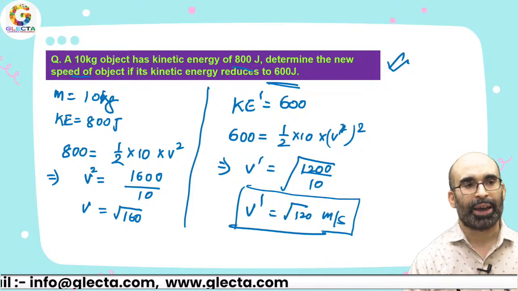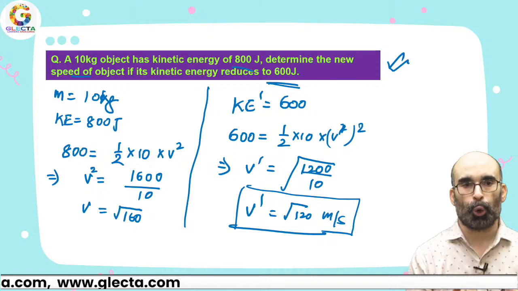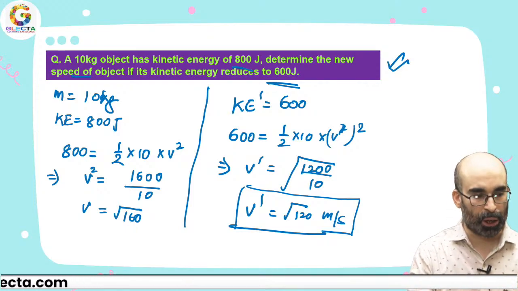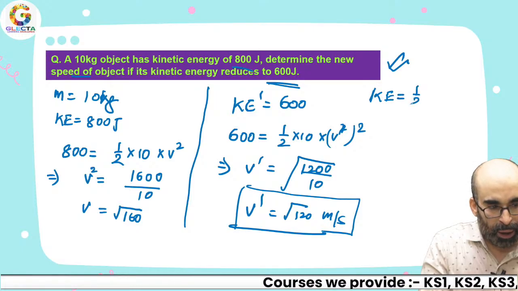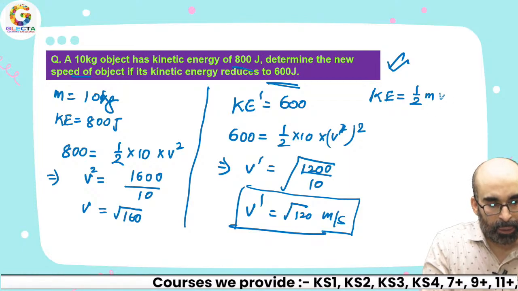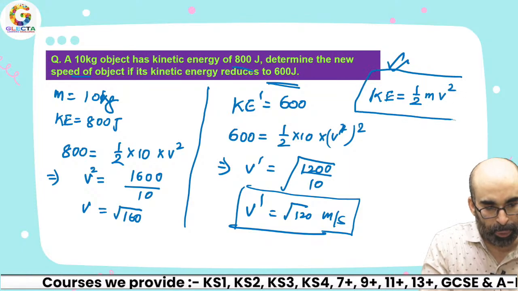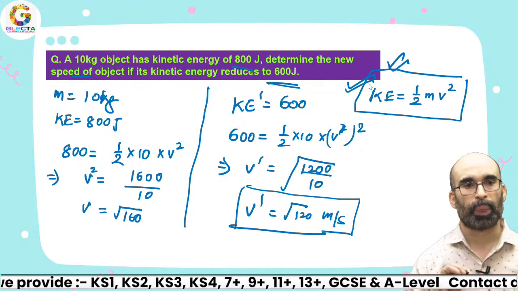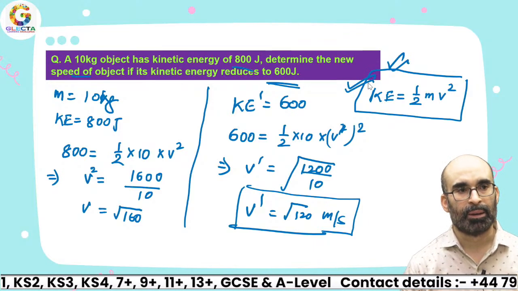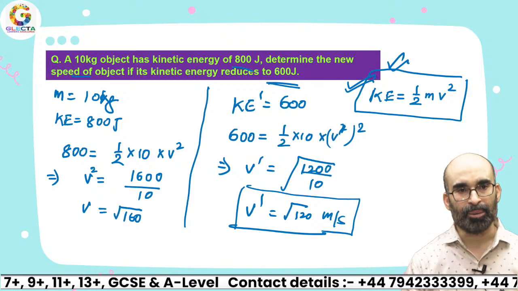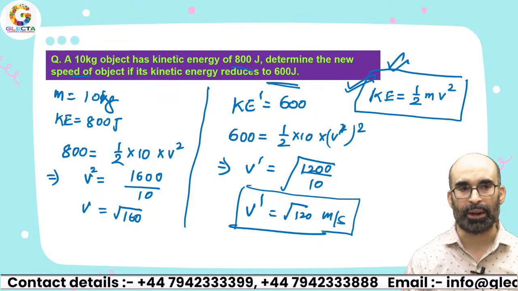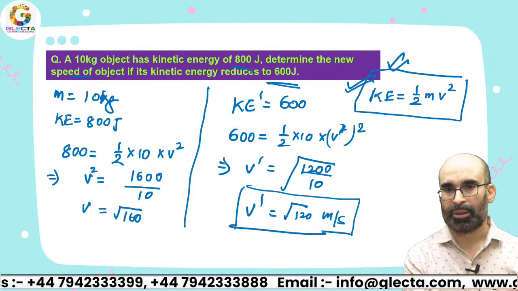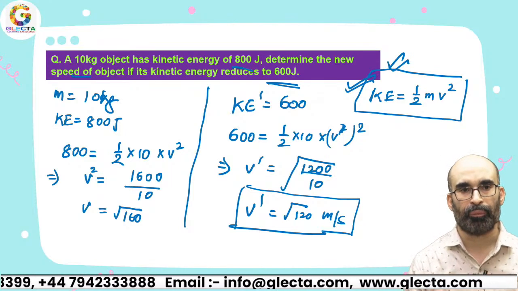Alisa, the equation for velocity you will get after rearranging the equation of kinetic energy. Kinetic energy equals half times mass times speed squared or velocity squared, right? Is that clear? The velocity is calculated when you rearrange the equation for kinetic energy.